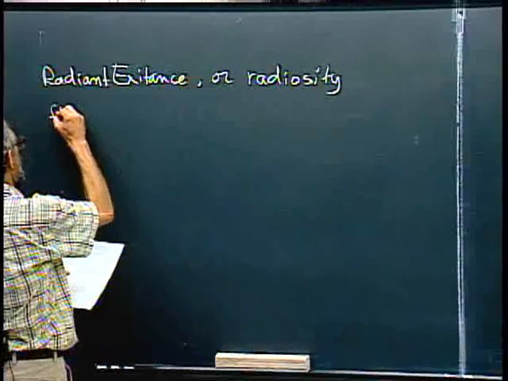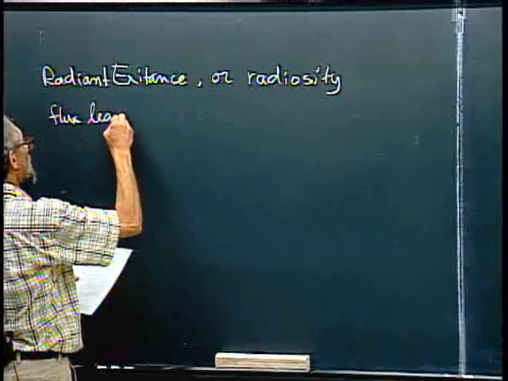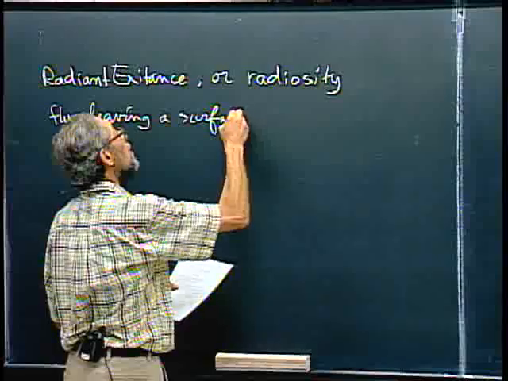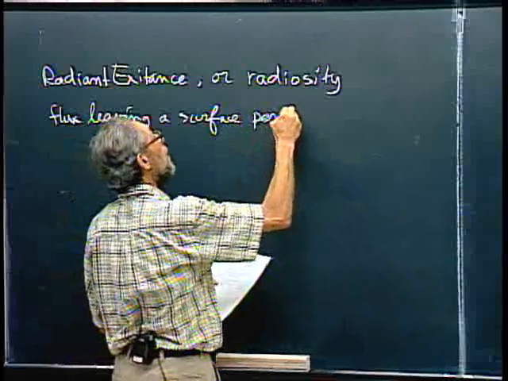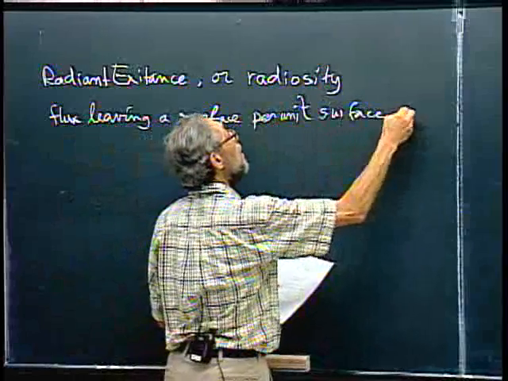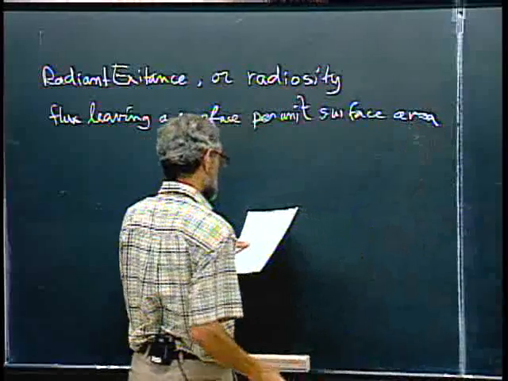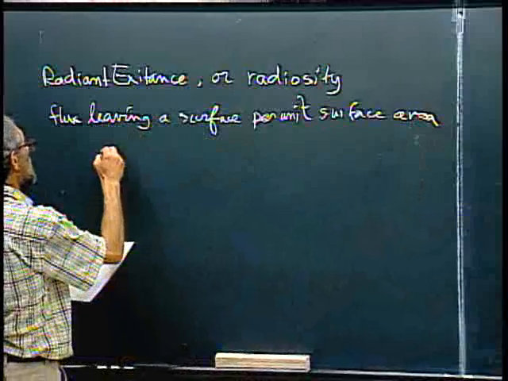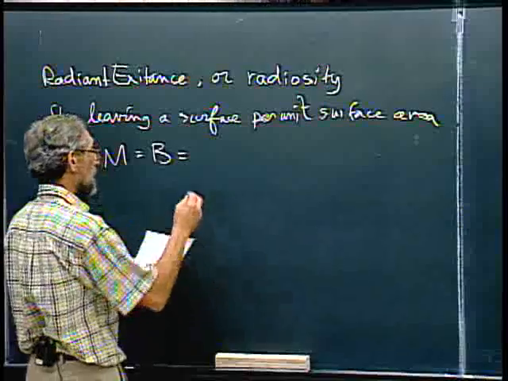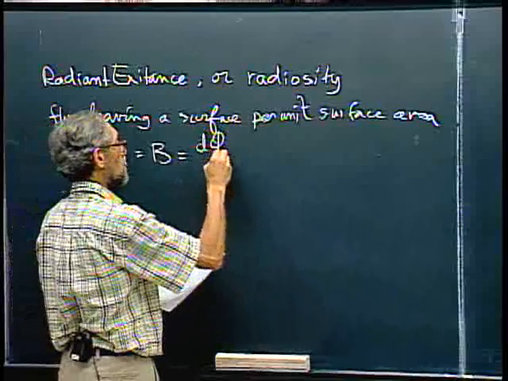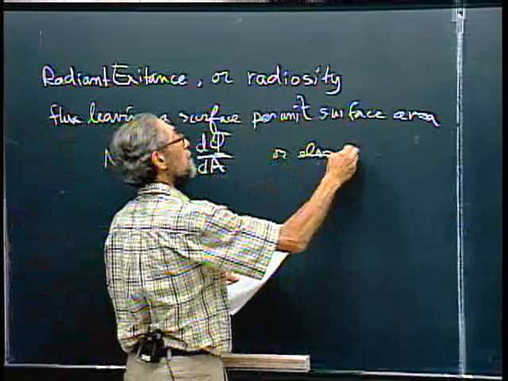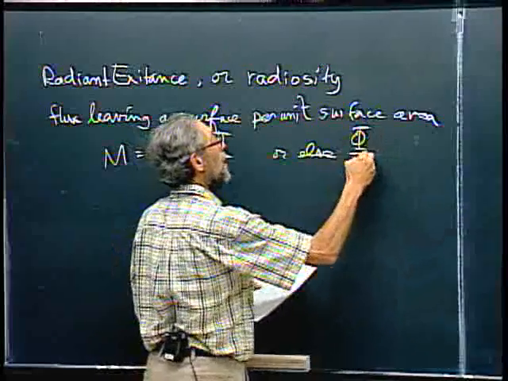It is the flux leaving, again per unit surface area. So it's the same thing. The book sometimes calls it M. I'm used to calling it B. And it's again the flux per unit area, or else a finite flux per finite area.